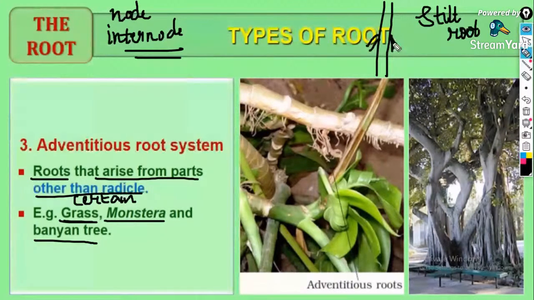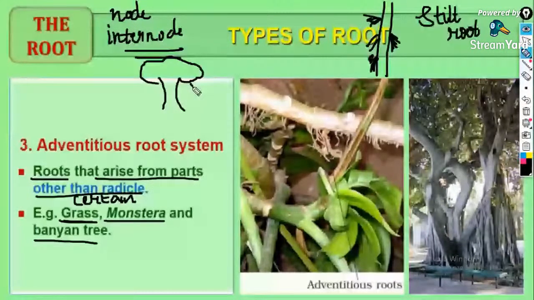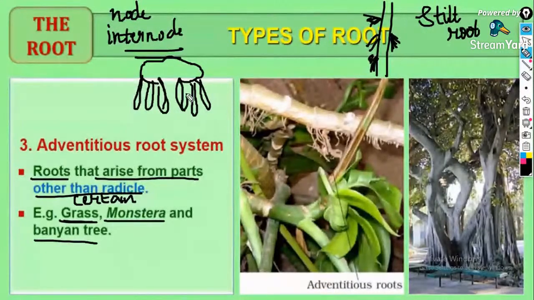In case of banyan tree, you will see certain roots hanging down for support of such large plants. Then, in case of plants growing in marshy areas, you might have seen pneumatophores, the roots just projecting above the soil.